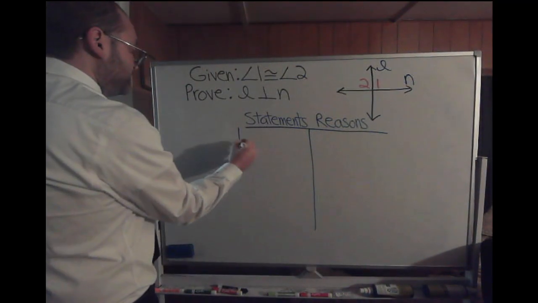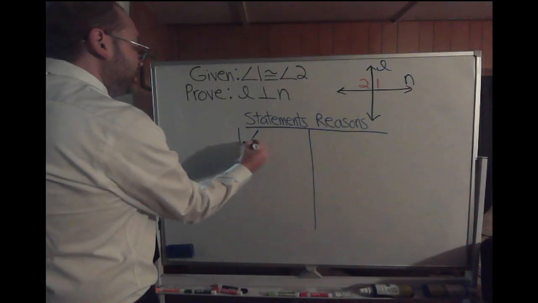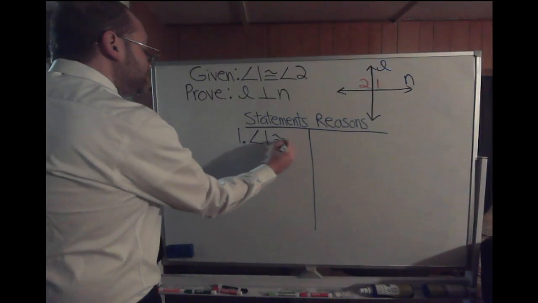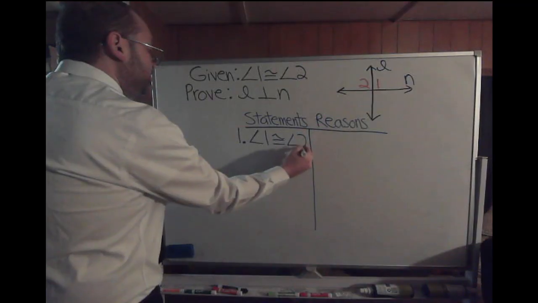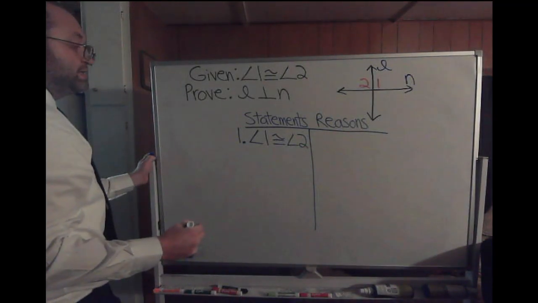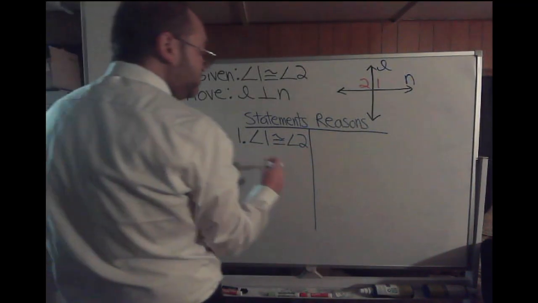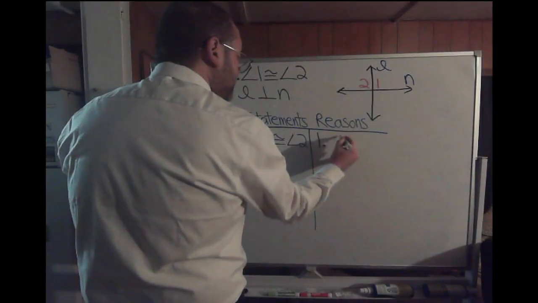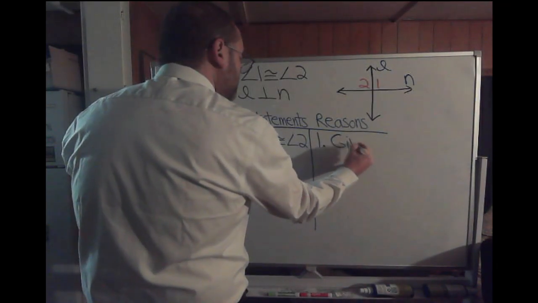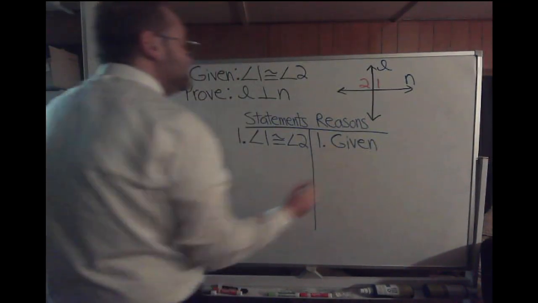Okay, so the first thing, we'll start with the given information, that angle 1 is congruent to angle 2. The reason for that is it was given to us. So that one was easy.